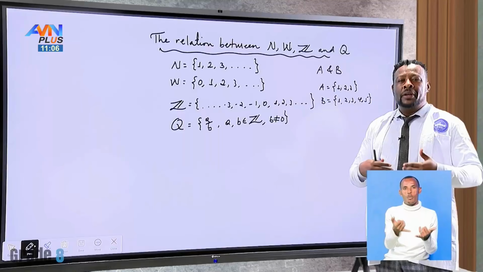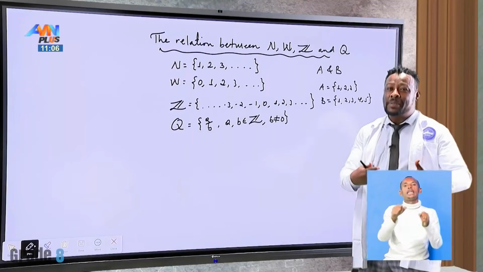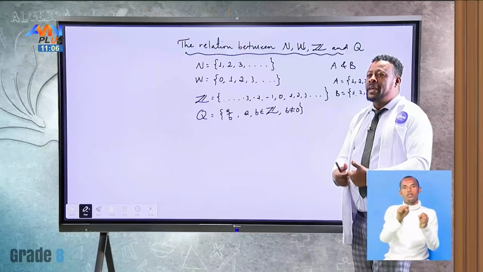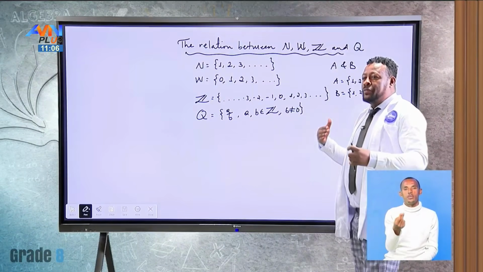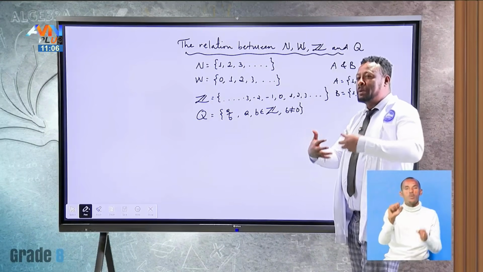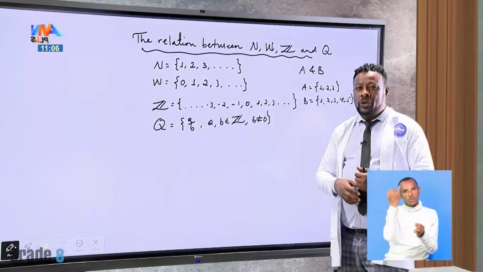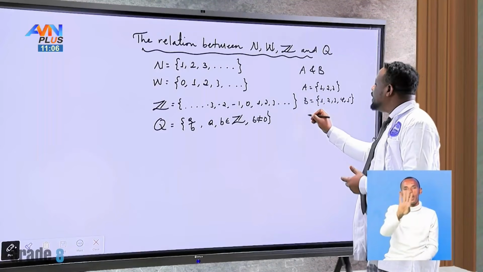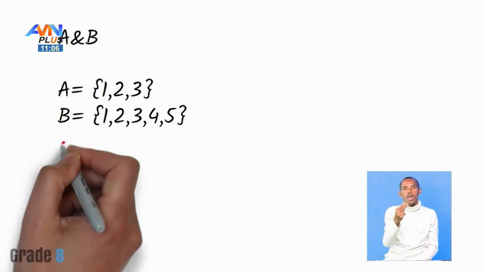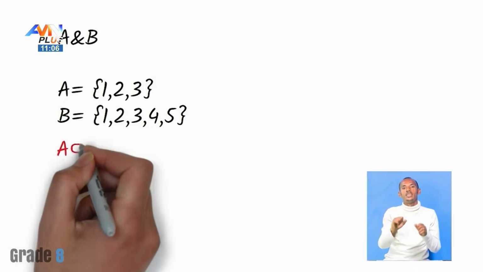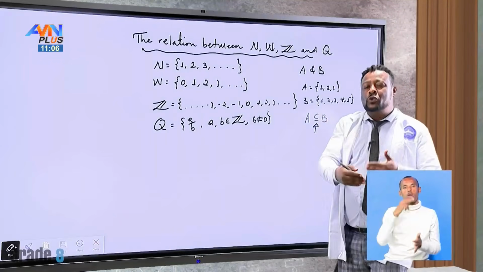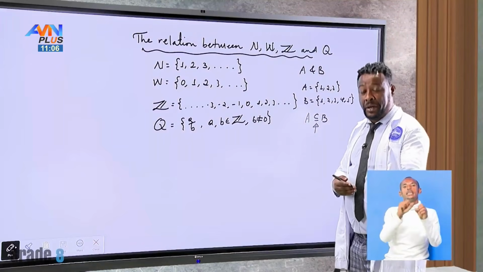Now, can you tell me what a subset means in terms of these two sets? If you apply the concept of subset to these two, A is called the subset of B, and it is usually denoted by A is the subset of B. This symbol is the symbol we use to represent a subset, right?